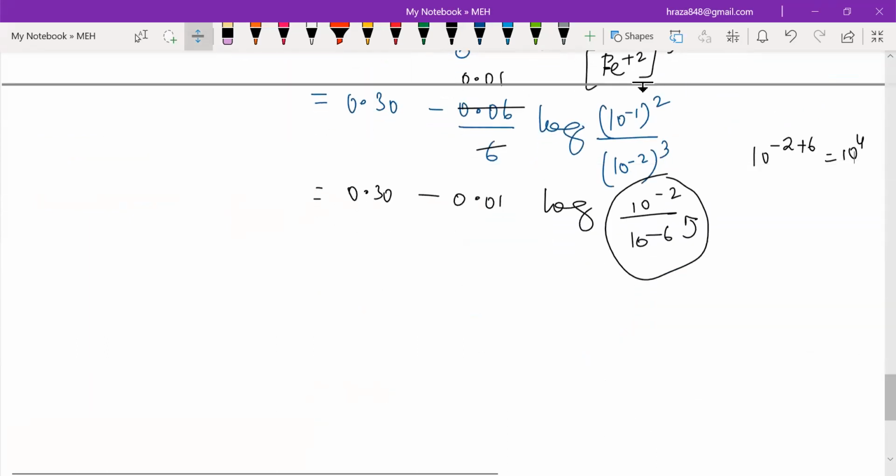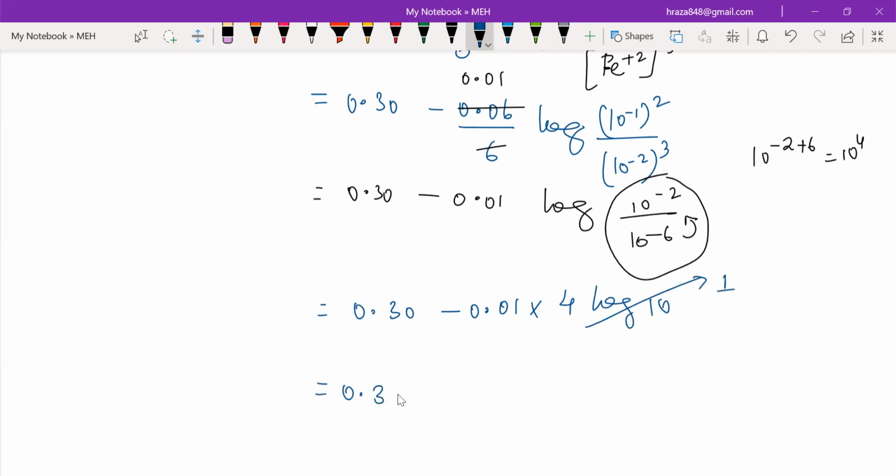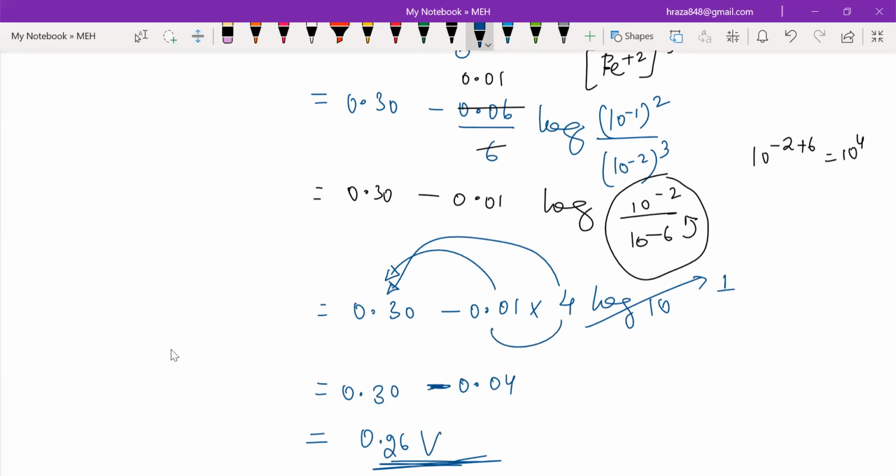So you can see this will be your 0.30 minus 0.01 times 4 log 10, right? Log 10 is the value 1, and you can see 0.30 minus 0.04, and I think you just multiplied this number into this number. That's why it's wrong. It is negative here, no? So you need to subtract it and you will get 0.26 volt. You just need to multiply it here, and here it is 0.30 minus 0.04.